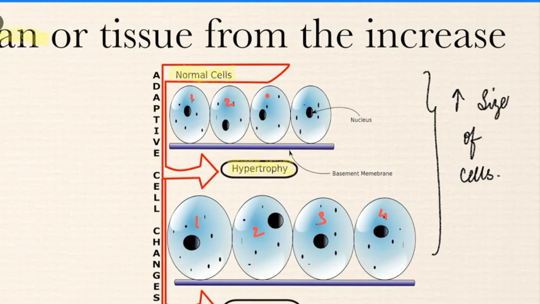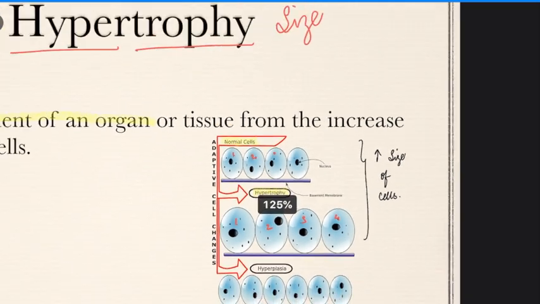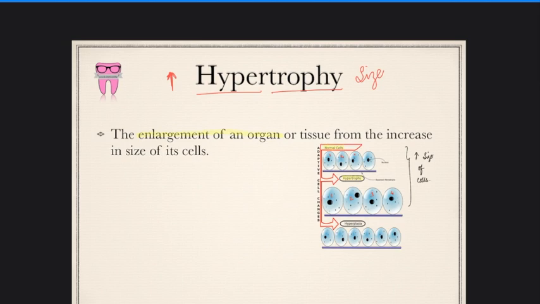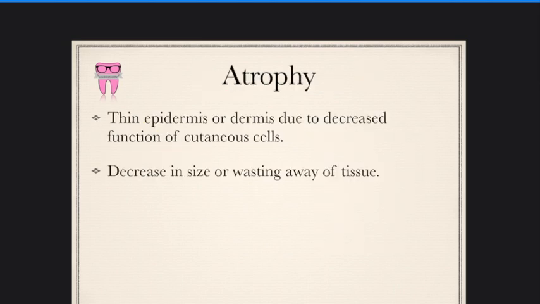Increase in cell size is hypertrophy. Now coming to the next word which we are going to study today, atrophy. Atrophy means, again, A signifies absence, and trophy, which we have already studied, signifies the size of the cell.